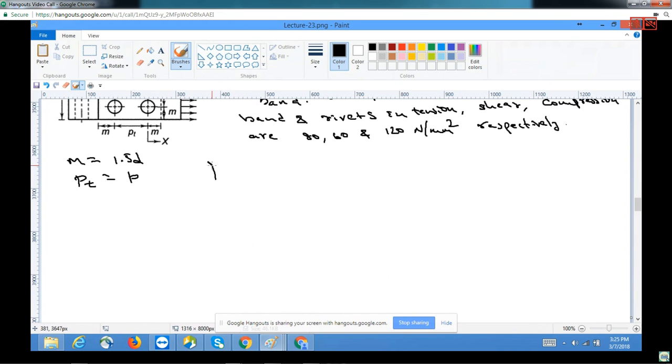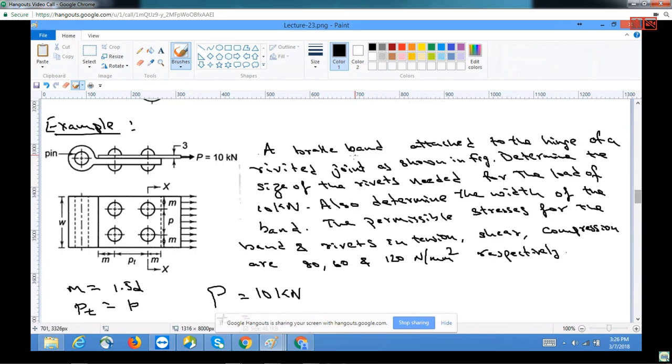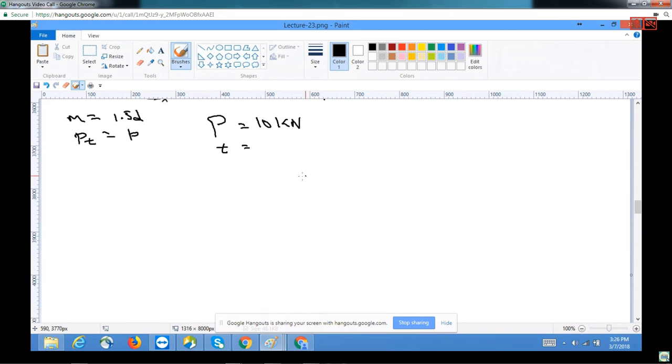So we know that the total load is 10 kilonewtons. The thickness of the plate, as shown in the picture, is 3 mm. Sigma t is 80 MPa. Tau is equal to 60 MPa. Sigma c is 120 MPa.